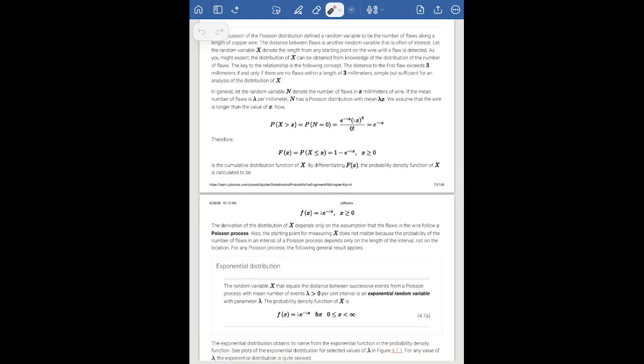Anywho, in general, let's say if you have this many flaws and this many millimeters of wire, and the average is lambda, we have a Poisson situation here. Then N has a Poisson distribution with mean lambda times X. And if we assume the wire is longer than the value of X, then we get e to the minus lambda X.